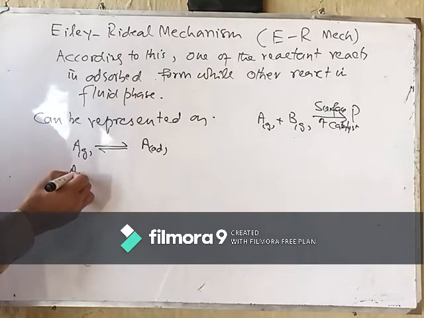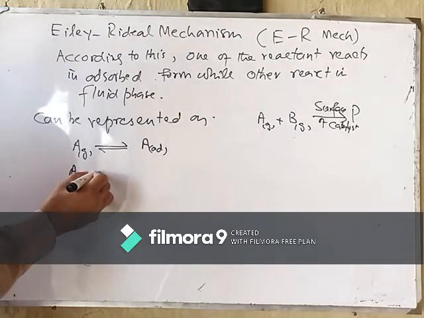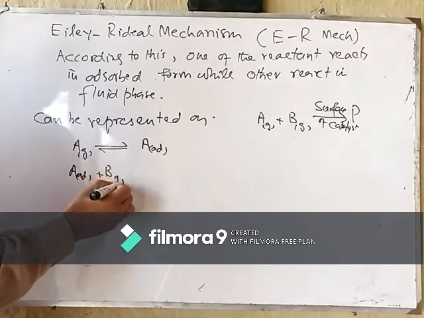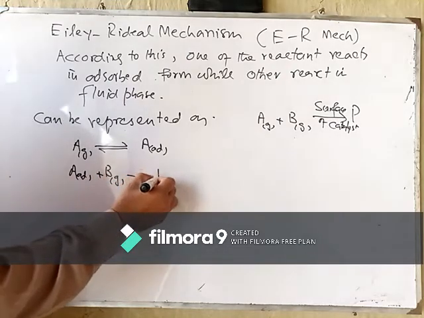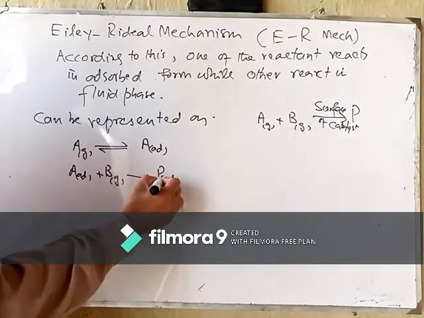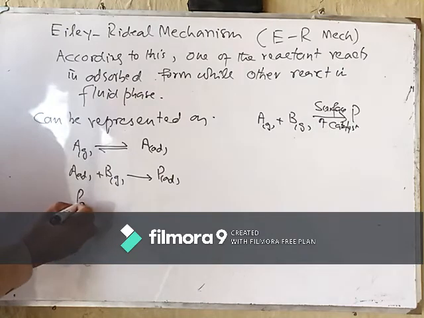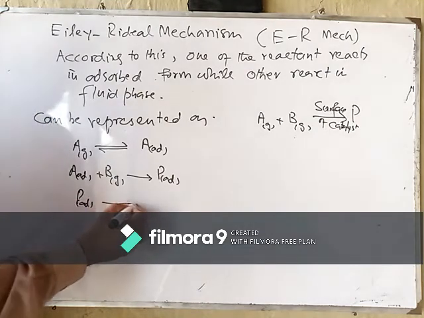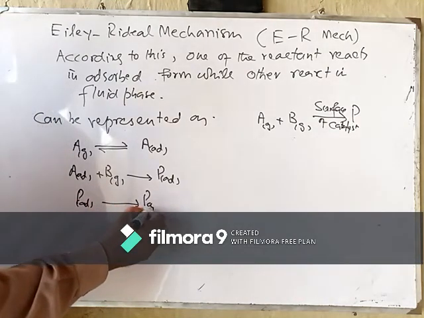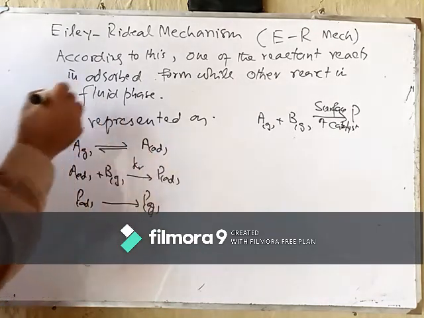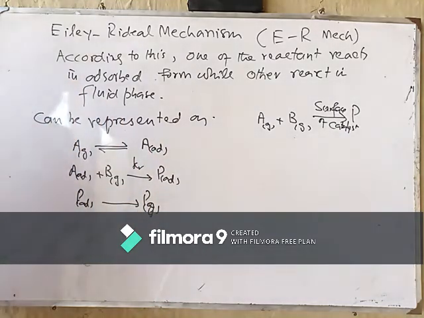Then A in adsorbed form plus B in the gaseous phase gives the product in adsorbed form. And then the product in adsorbed form desorbs and moves away from the surface of the catalyst. So KR is the rate constant for this reaction.